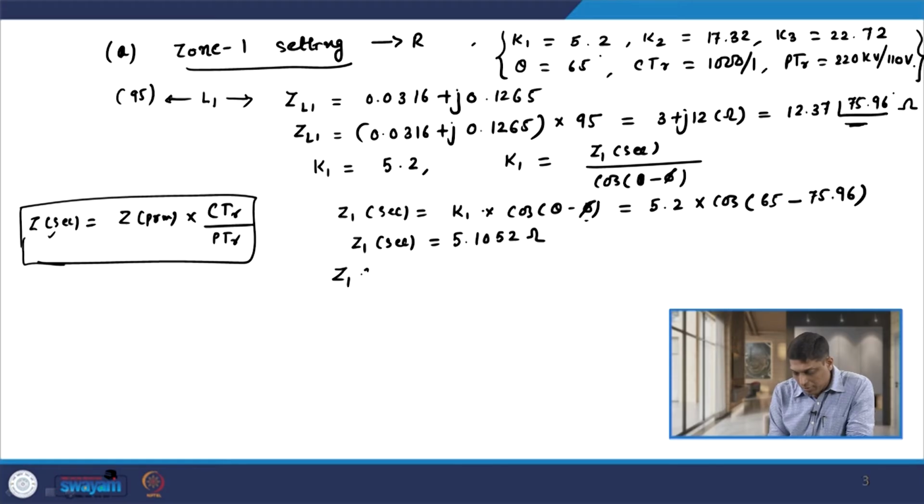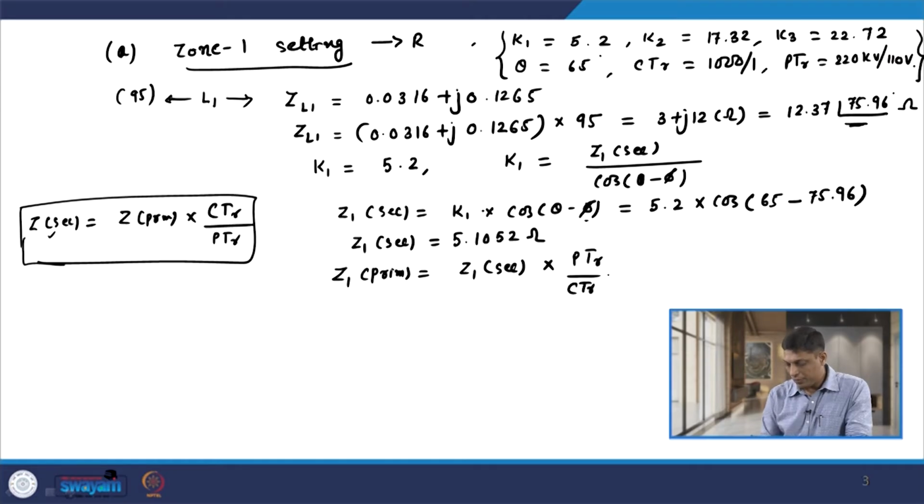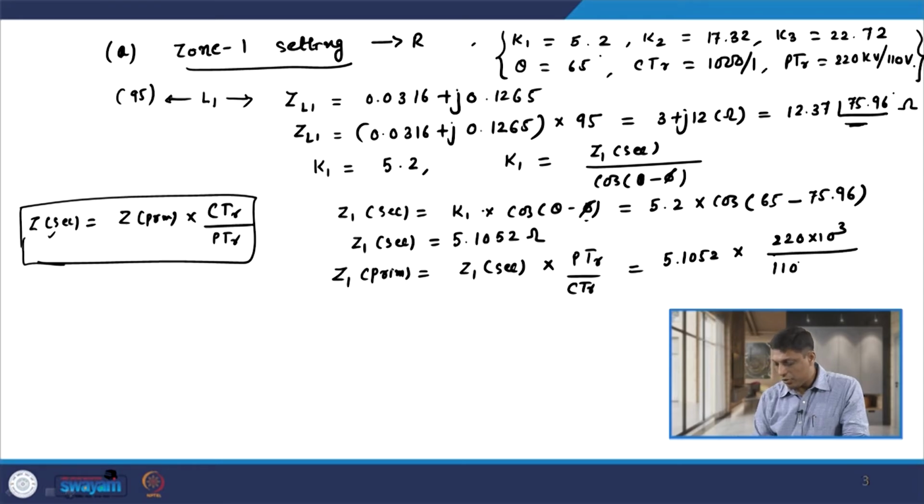So Z1 primary is equal to Z1 secondary into PT ratio divided by CT ratio. That is Z1 secondary, 5.1052, into PT ratio, that is 220 kV by 110 volt, so 220 into 10 raised to 3 divided by 110 volt, into CT ratio, that is 1000/1 ampere.